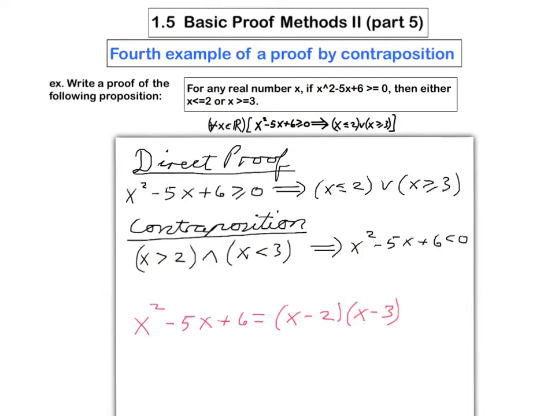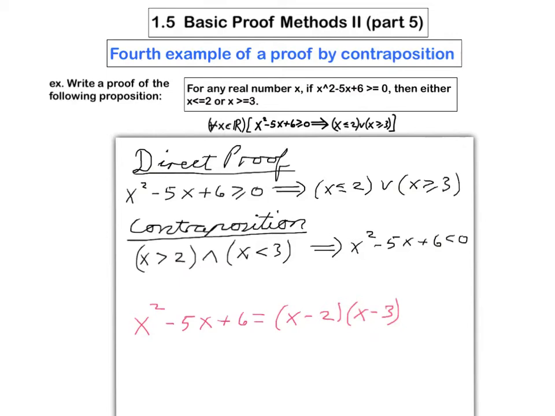Now if you're doing a direct proof, you get to use this fact. So that means this is bigger than or equal to 0. You've got a product of two things bigger than or equal to 0, so they both have to have the same sign.